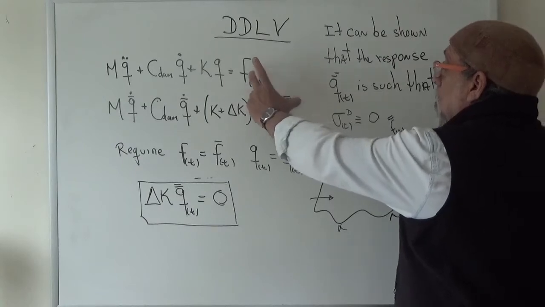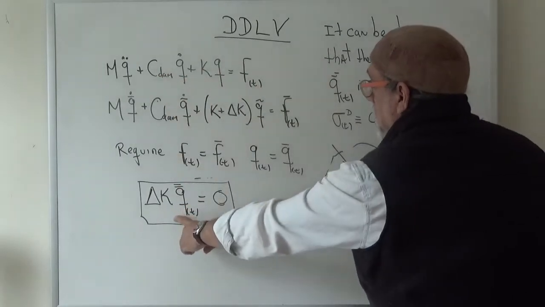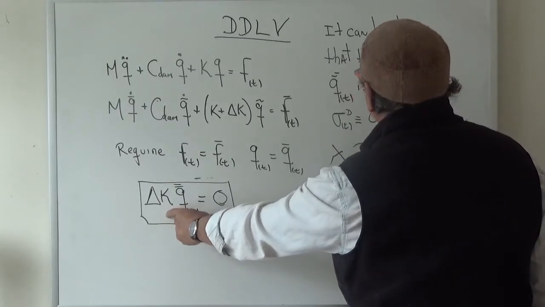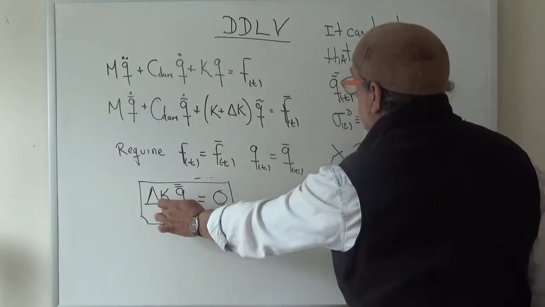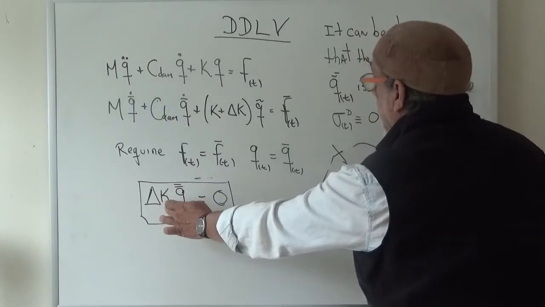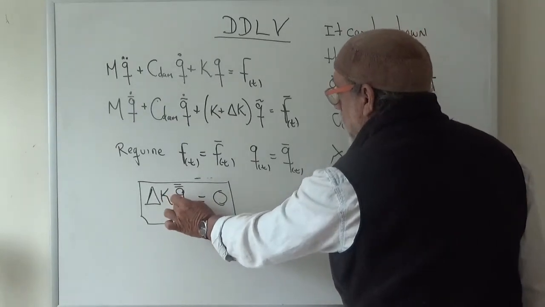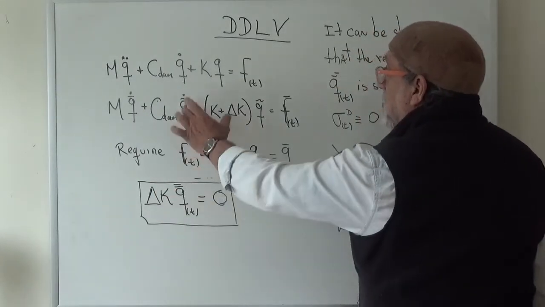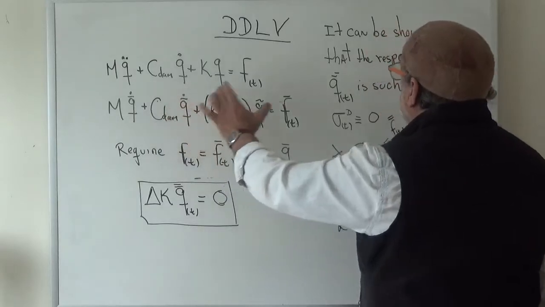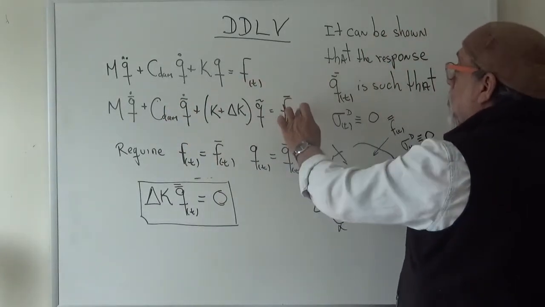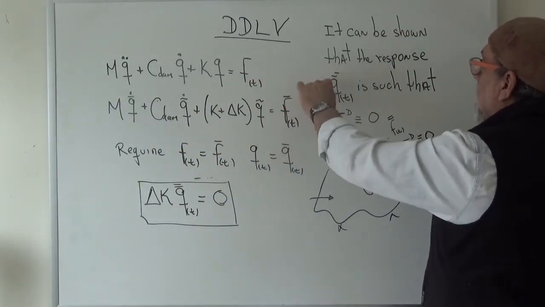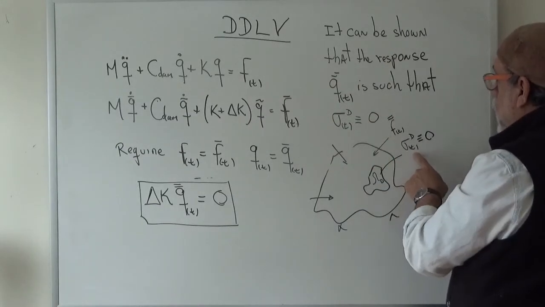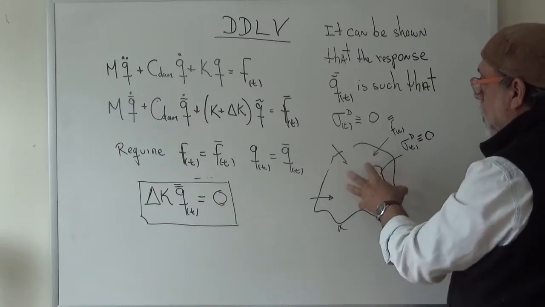If these loads are equal and the response is equal, then this must be true. If this is true, delta K must be rank deficient. And then a proof shows that if this displacement satisfies both equations simultaneously, with the same load on the right hand side, then that's because over the damaged portion of the structure there is no stress during the response.